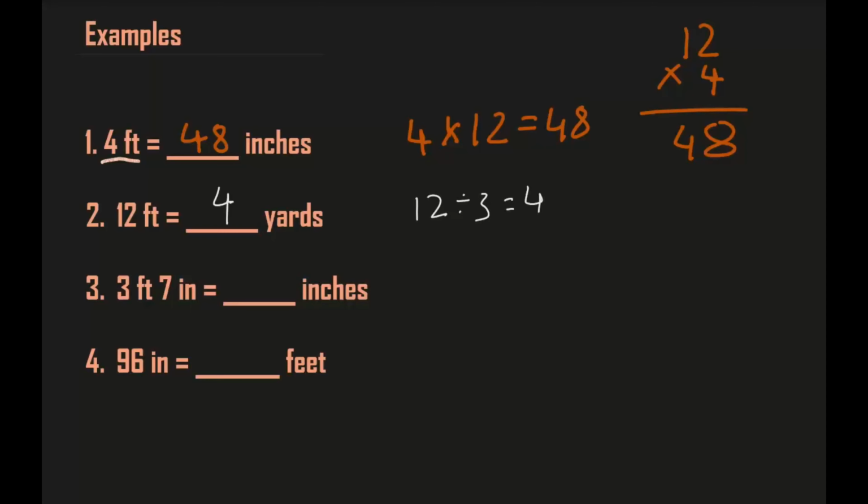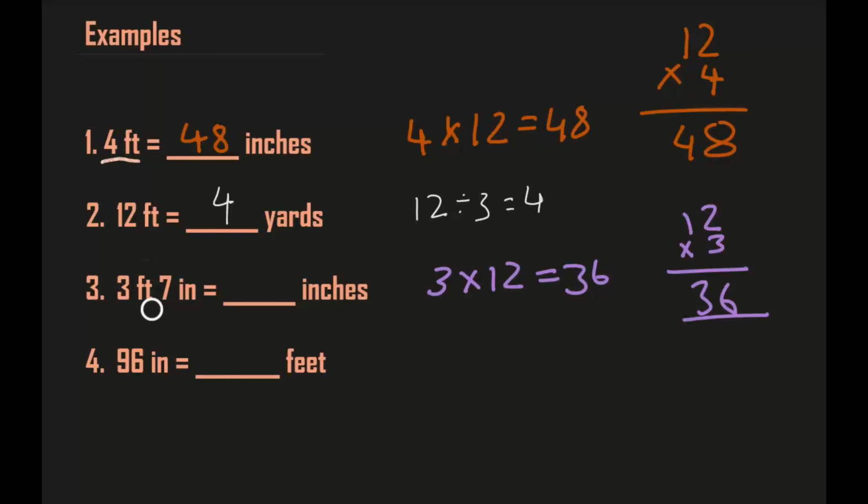We know that 1 foot is 12 inches. So, simply what we'll do is 3 times 12. We can set it up: 12, 3 times 2 is 6, 3 times 1 is 3. So, we get 36. That means 3 times 12 is 36.